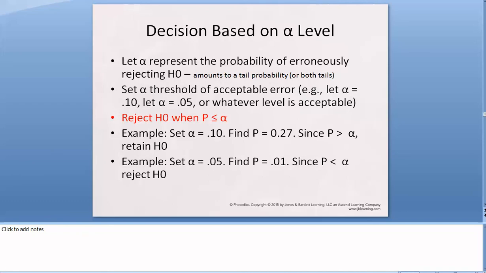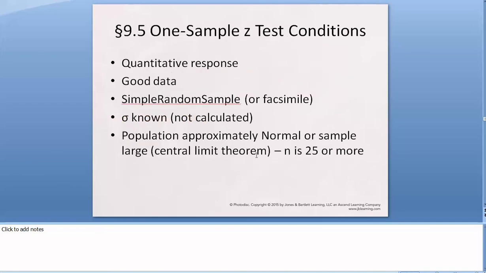Now here's the explanation of the one sample z-test. The most important thing to remember is that the idea is to test whether the mean value is equal to something or not. You need to have a good random sample, and in the one sample z-test, sigma is not calculated; it is known, it is given.